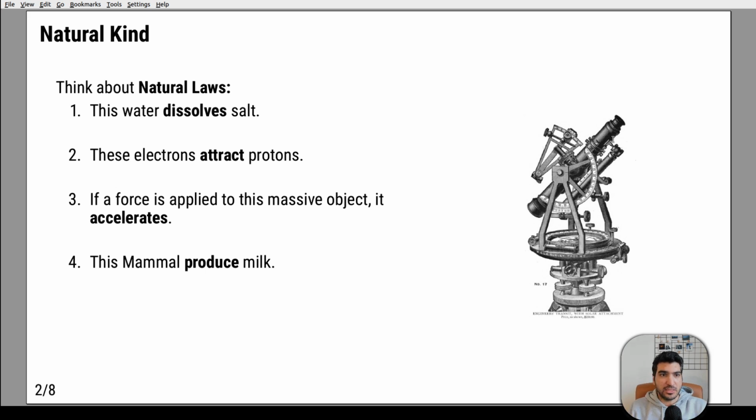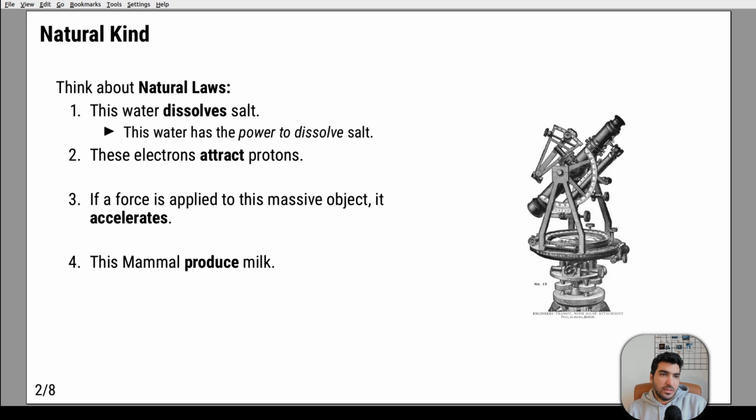These particular electrons attract protons, or if a force is applied to this particular massive object, it accelerates, or this specific mammal produces milk. This is the exemplification that we saw, and that's the move that we always use in those common inductive arguments. Also note that these are all dispositions, right?